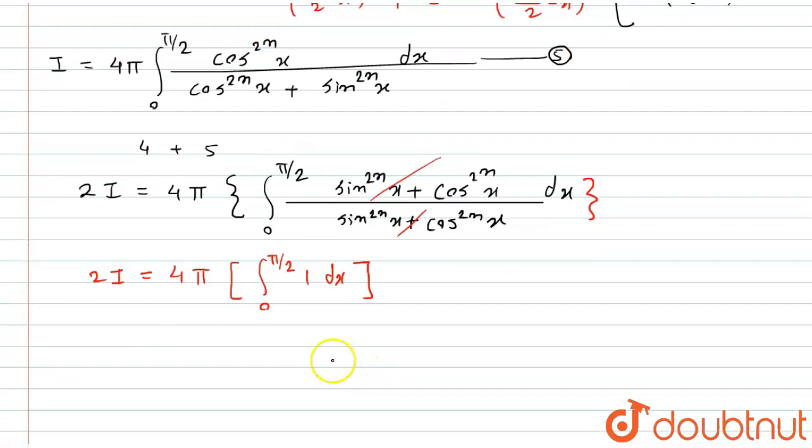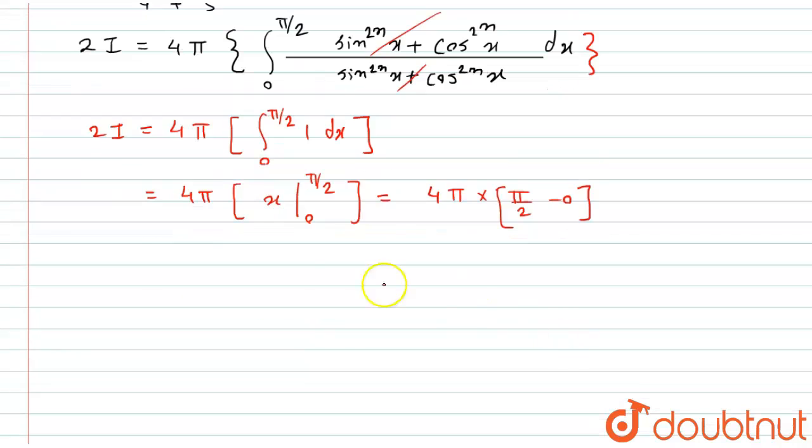Now the integration of 1 dx becomes x. So this implies 4π in brackets x, with limits from 0 to π/2. This implies 4π into π/2 minus 0, which is π/2, on putting the limits.